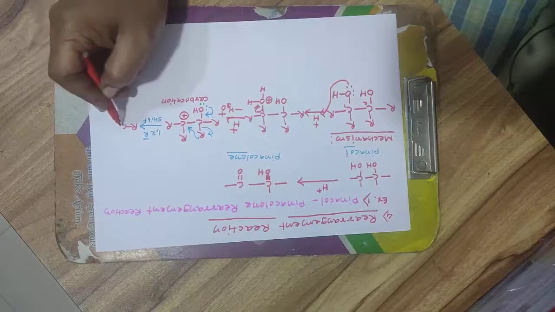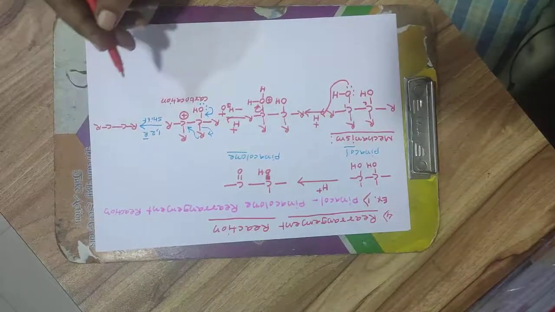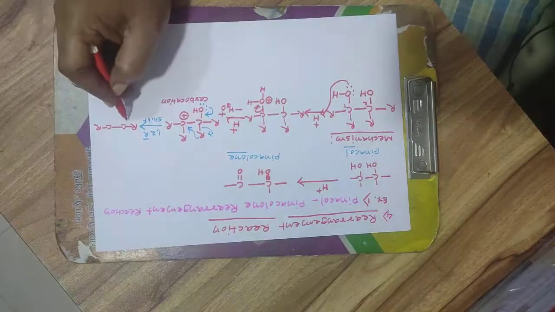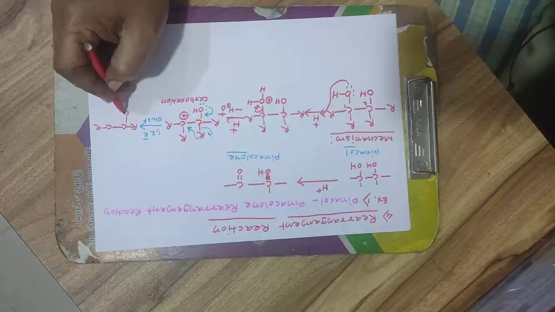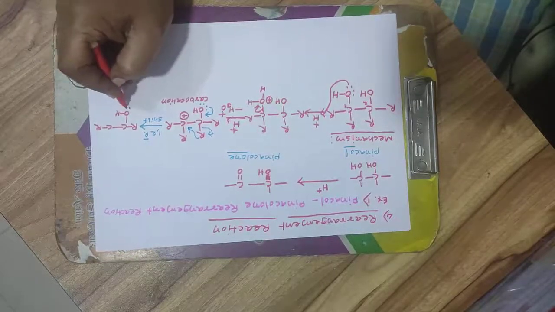Here is the carbon, here is the carbon, here is R, right? Here is an O, H. There are two lone pairs.